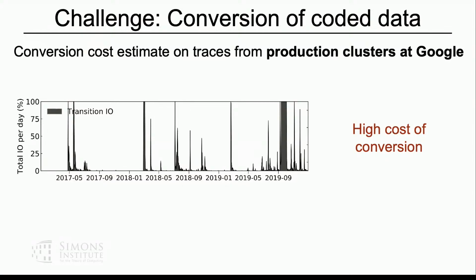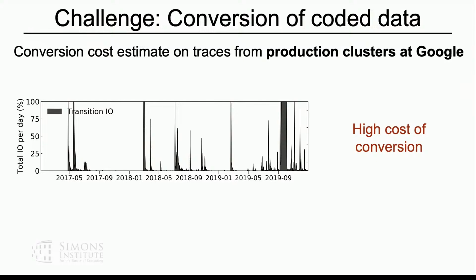The x-axis is the date. As you can see, there are times where 100% of the cluster I/O would be consumed just for doing this conversion if we were to go the naive route. And this is clearly unacceptable because this is background traffic, and often it has to be very, very low and you cannot interfere with the foreground traffic.